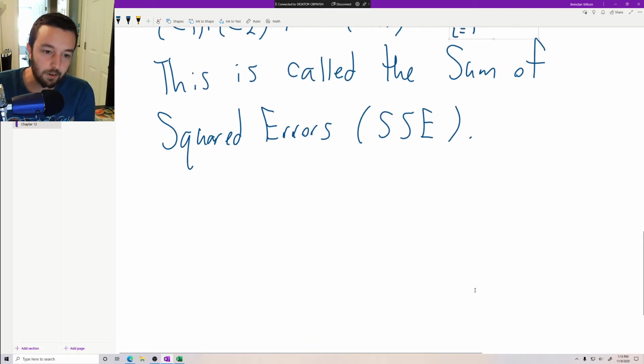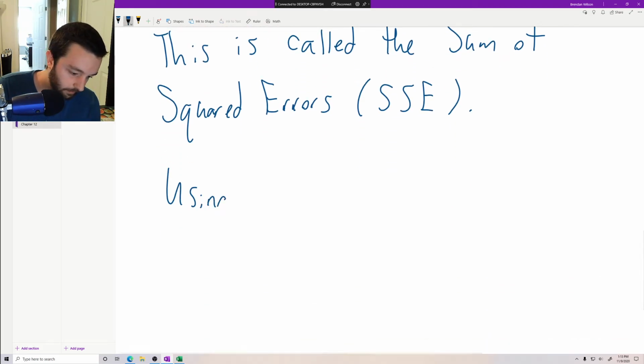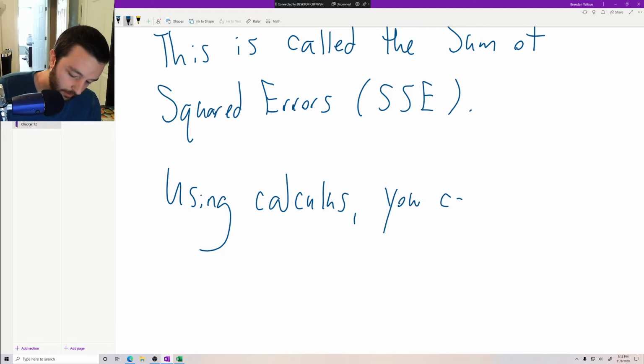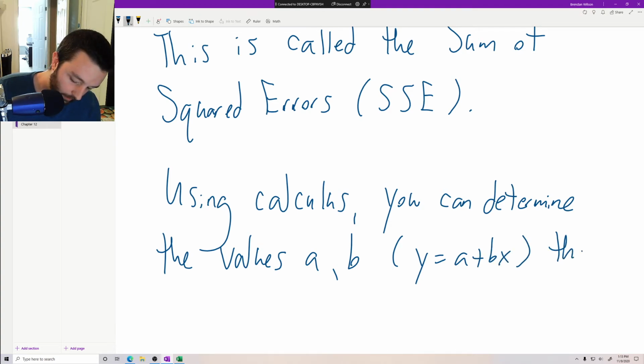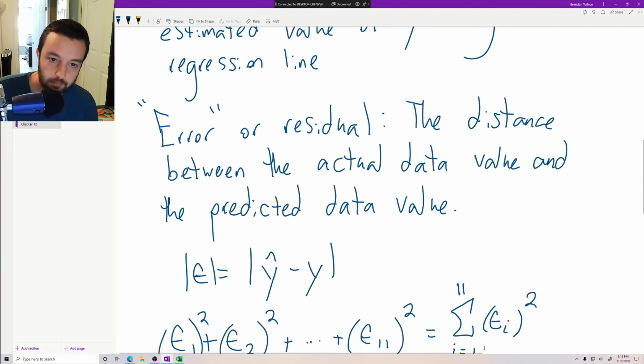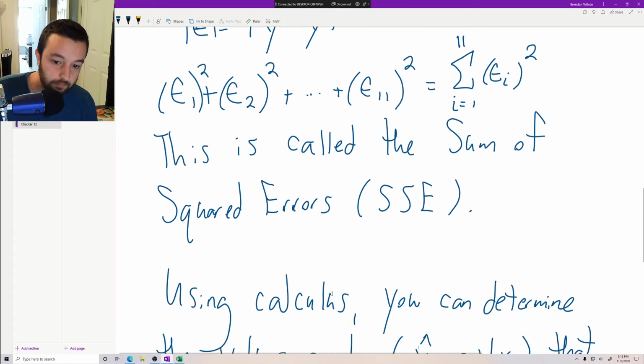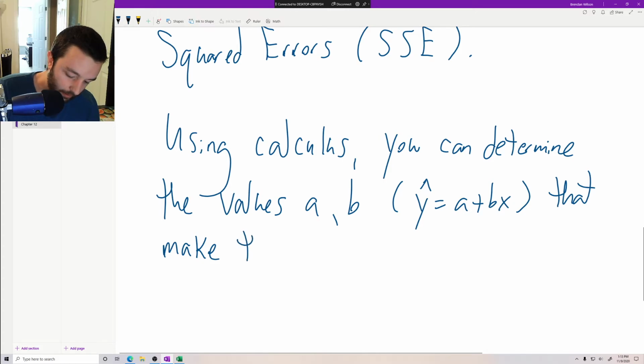So using calculus, you can determine the values A and B, remember from this equation, that make, it's actually y hat, I guess, because on this line we're calling things y hat, that make the SSE minimized.